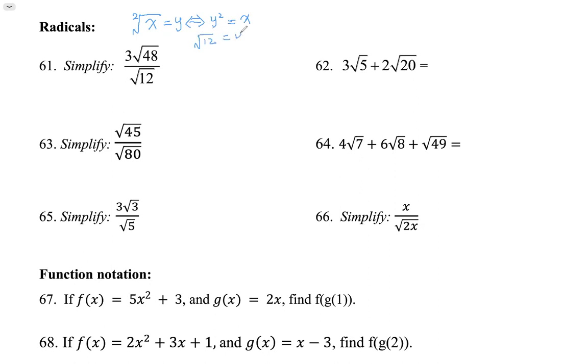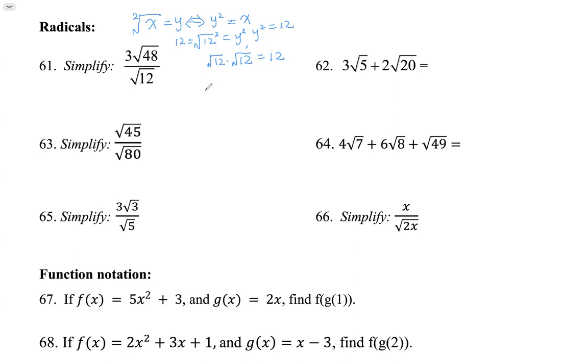If this equals y, that means some number squared is 12. So if we square y, of course we get 12. That tells us the square root of 12 times the square root of 12 is 12. All right, so that's what the square root sign means.